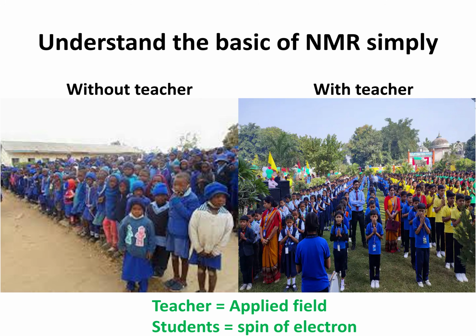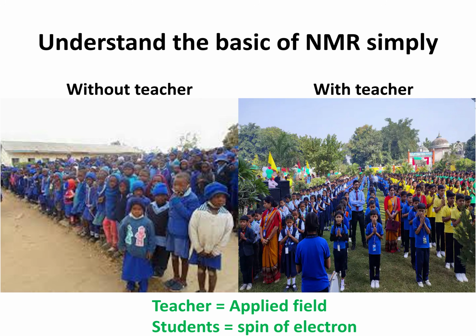This phenomenon is also called resonance, because your teacher will motivate you, will say something to you, and this will create some chemistry between you and your teacher. In the presence of the applied magnetic field, this resonance happens. This is the basic theory of NMR. Now think of another case: suddenly the teachers go to their room.